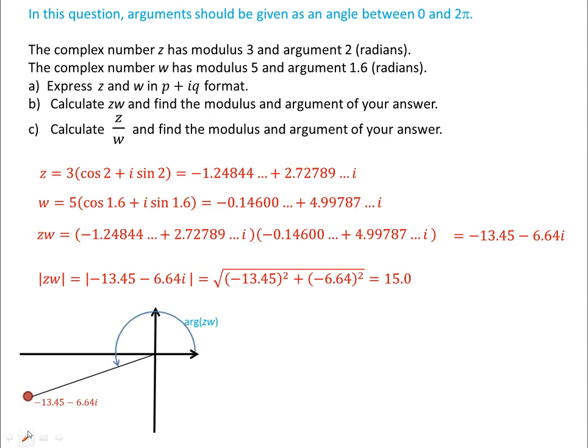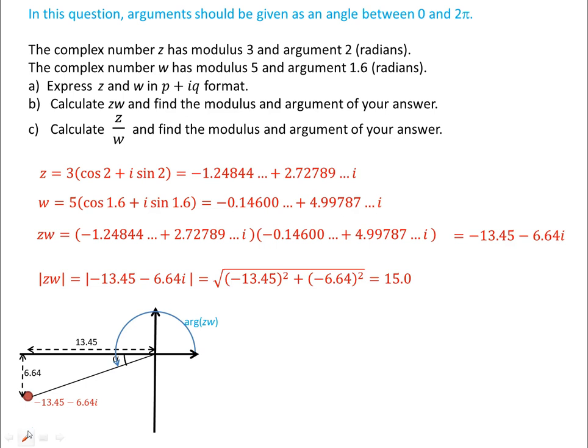The argument of zw is this angle marked here, and to work that out we're going to first of all have to work out an acute angle using a little bit of right-angled triangle trigonometry.